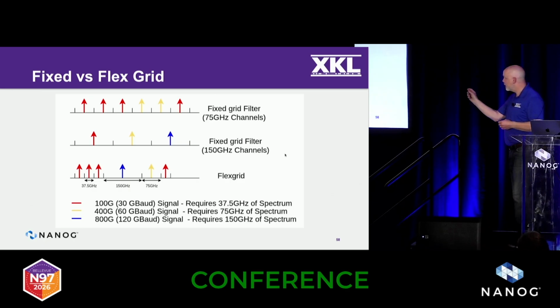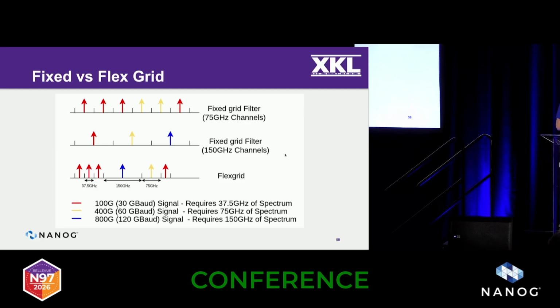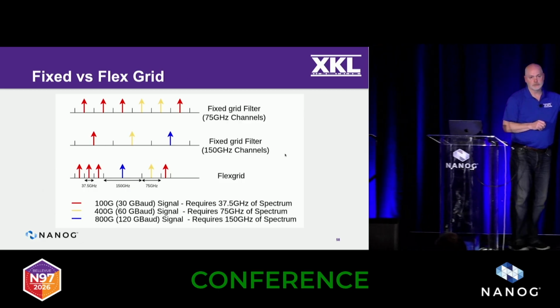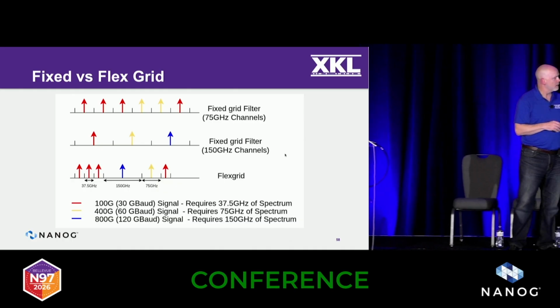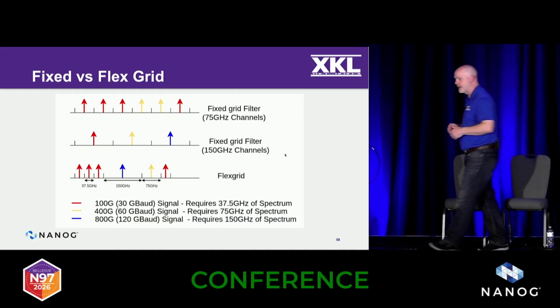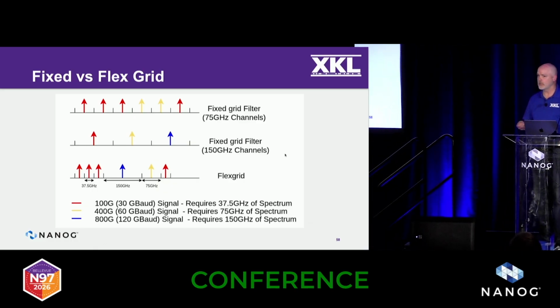So I just need that much. So the flex grid, I can allocate that within the WSS. I can't do that with the other guys. So again, trade-offs. We'll talk about spectral efficiency in a minute, but if that's a really important characteristic, if you're trying to eke as much bandwidth out of the fiber as possible, you want to pay attention to spectral efficiency.